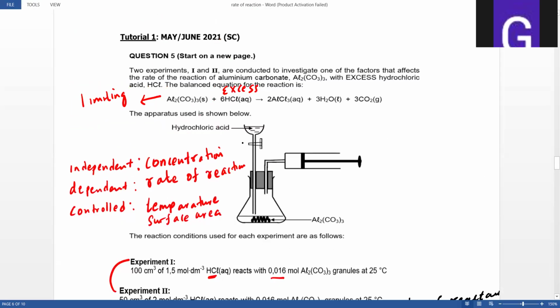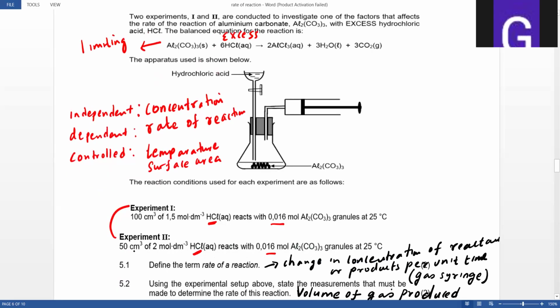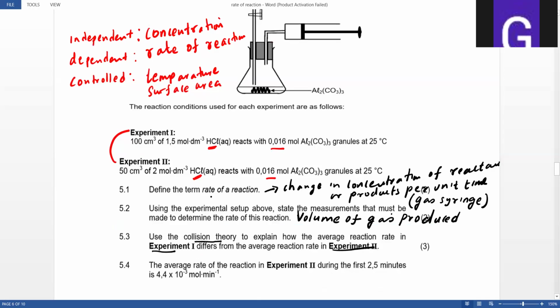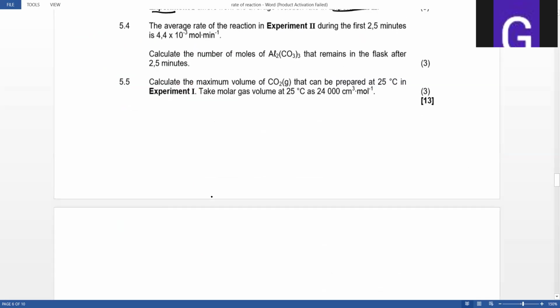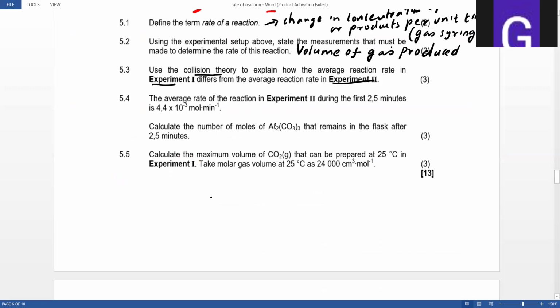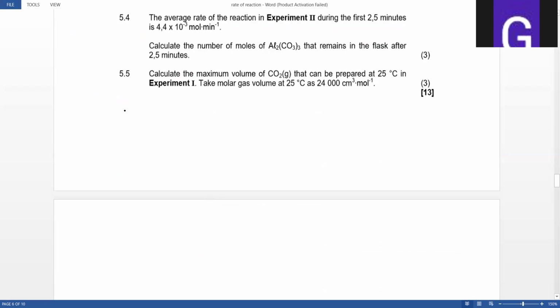So what does this mean? It means we're going to compare experiment 1 with experiment 2. Remember, the question is 5.3, so we'll say 5.3.